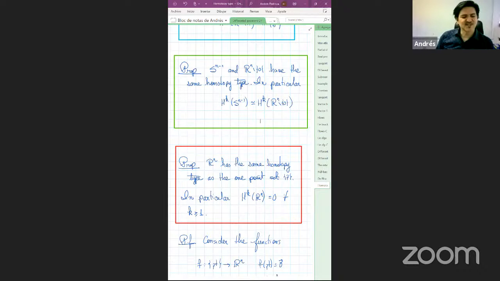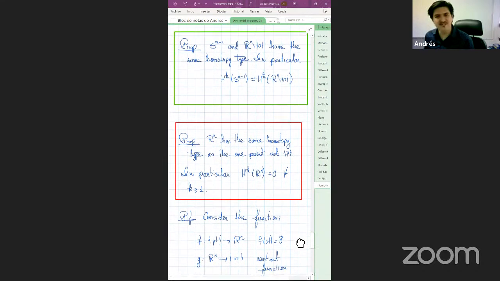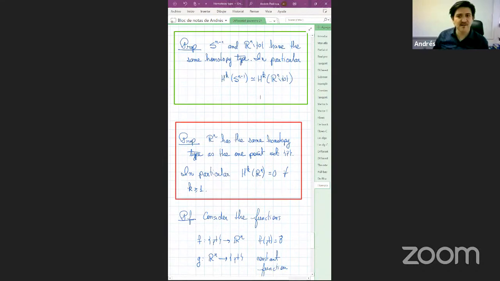So what is a function that goes from the one point set to Euclidean space? It's just sending a point to a point. I decided to go with the origin, but it could be any other point. So there's no options for F. And the same for G. I mean, G has to be a constant function. There's nothing more that I can do. Okay?